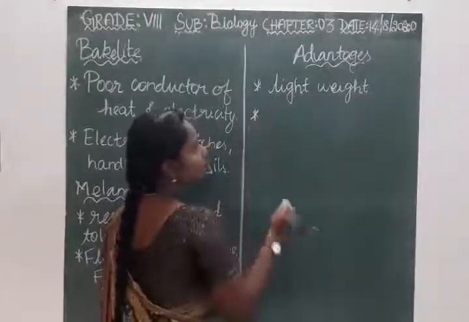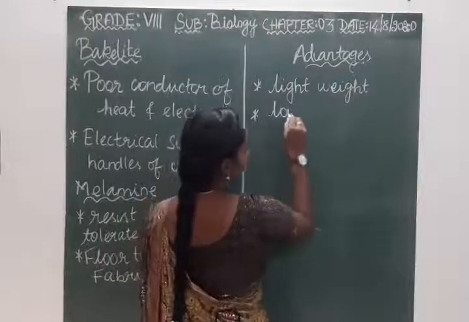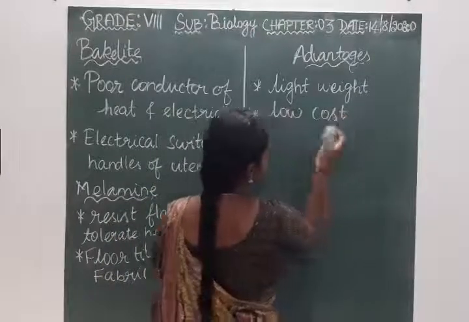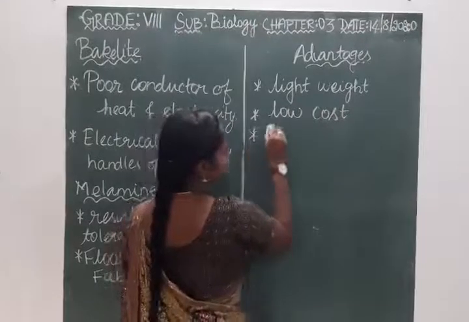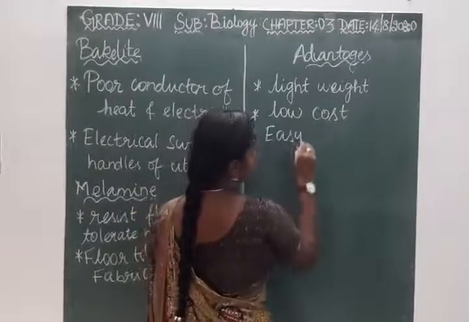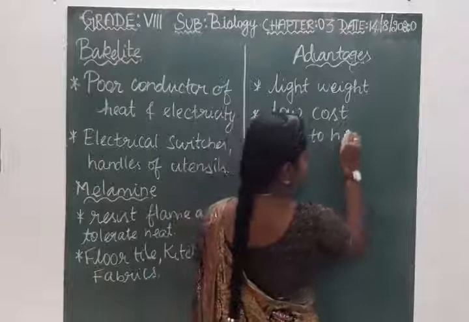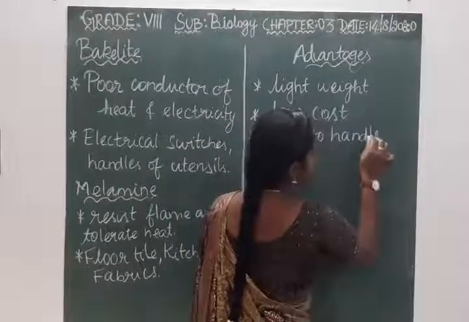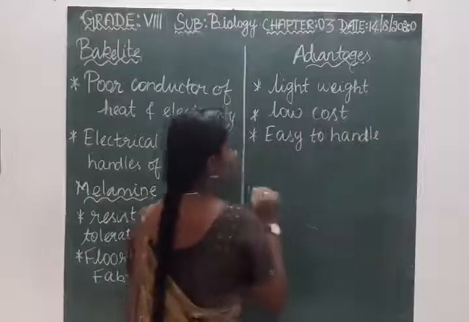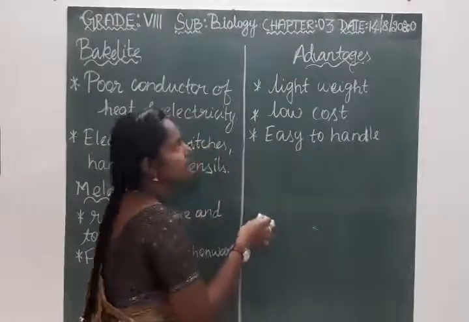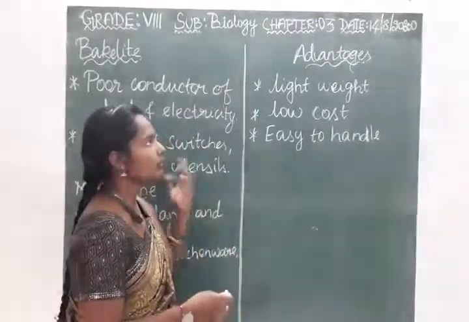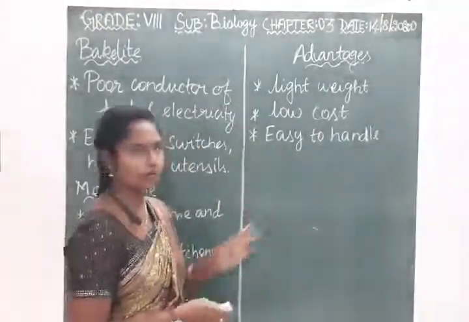Next, it is low in cost and easy to handle. So these are the advantages: lightweight, low cost and easy to handle. That is why we depend on plastics the most.